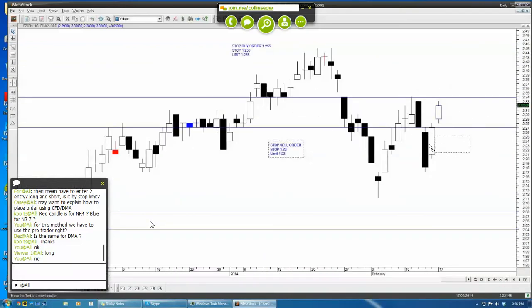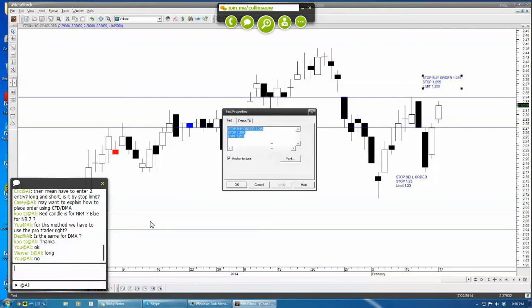So what will your order be? Your order will be like that. Buy at 2.34, stop is 2.34, limit is 2.34.